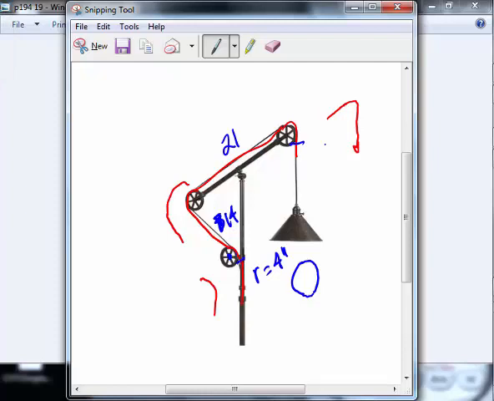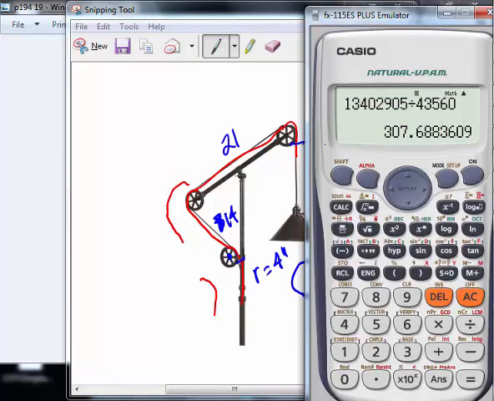So we would have a circle of radius 4. So we're going to take the circumference, which is 8 pi, plus 14 plus 21, and it tells us it is 60 inches from here all the way over.